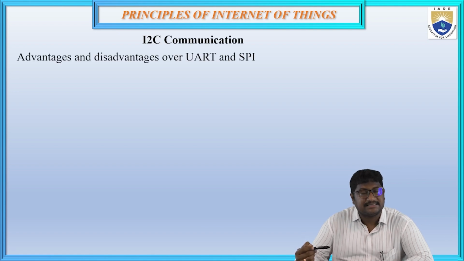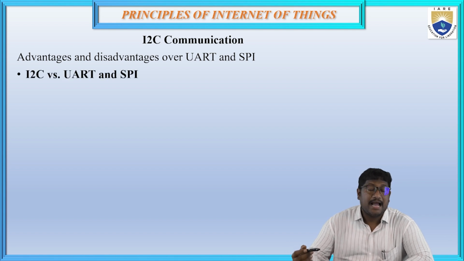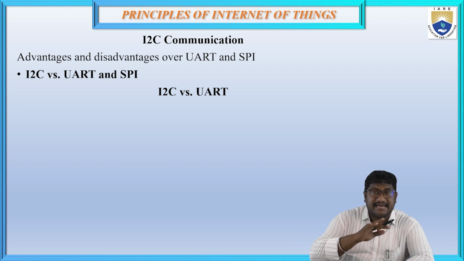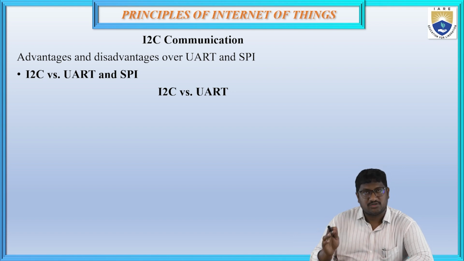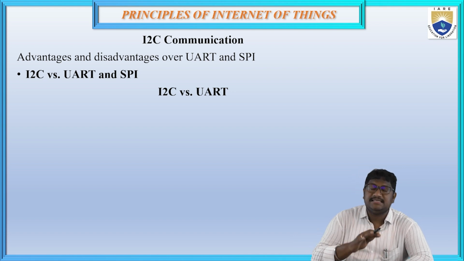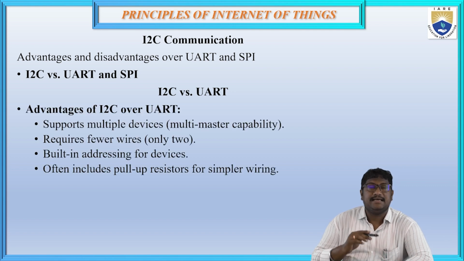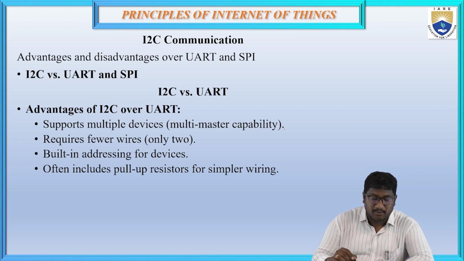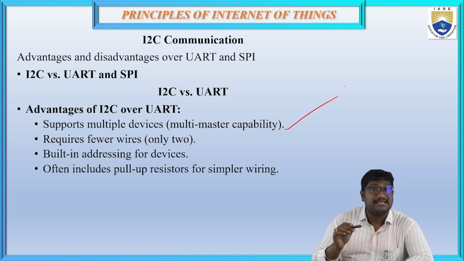Coming to the next factor, advantages and disadvantages of I2C over UART and SPI. I will show you in detail by comparing each individually, I2C versus UART and I2C versus SPI. On this screen, you are seeing the I2C versus UART advantages. What are the advantages you are getting over UART? It supports multiple devices and has multi-master capability.